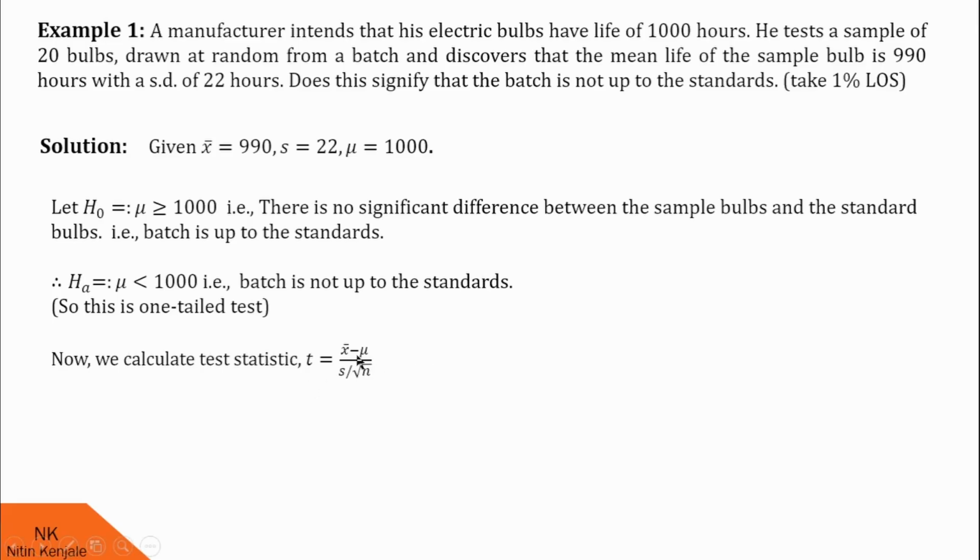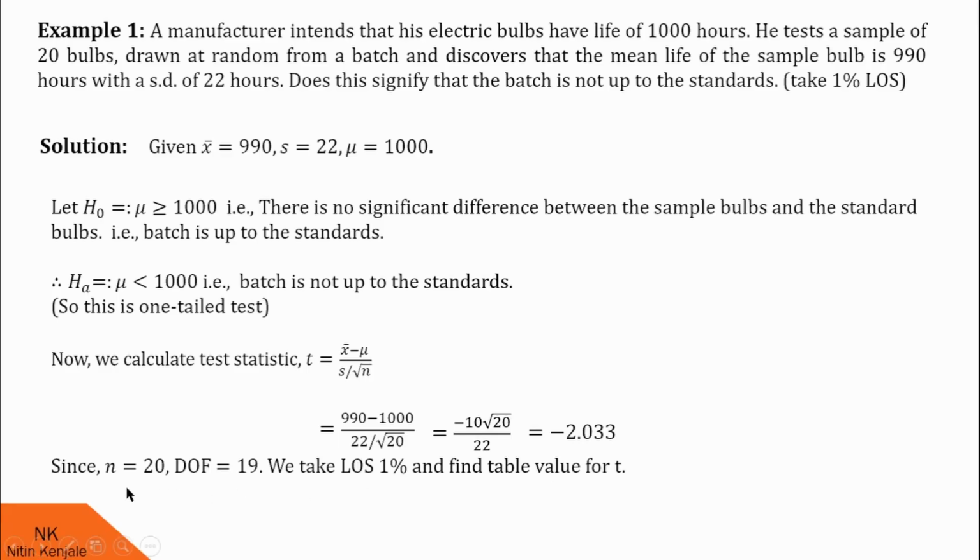All these values are known to us now. X bar is 990, mu is 1000, S is 22 and n is 20 because 20 bulbs are taken. When I substitute all these values in this formula, I find the test statistic is minus 2.033.